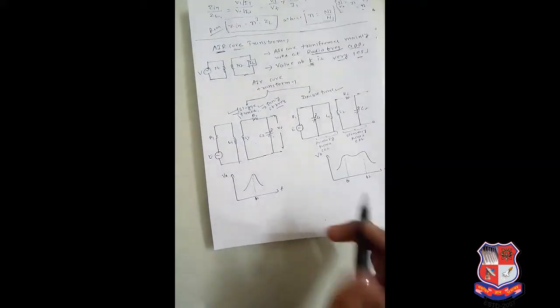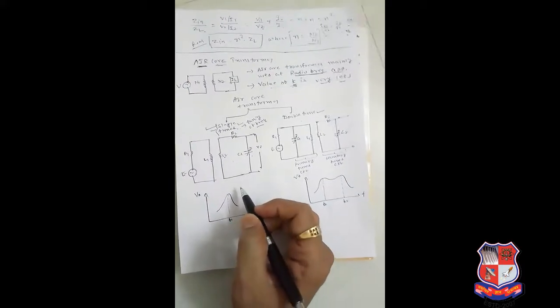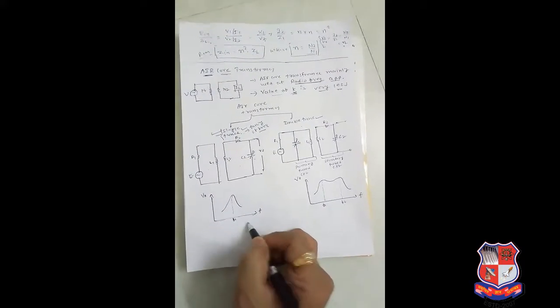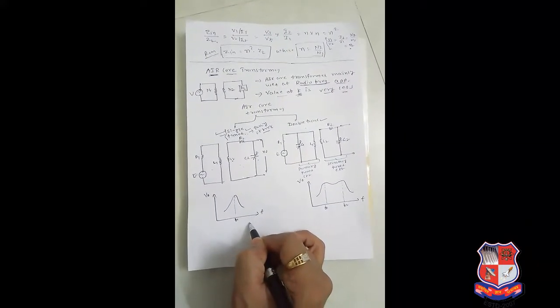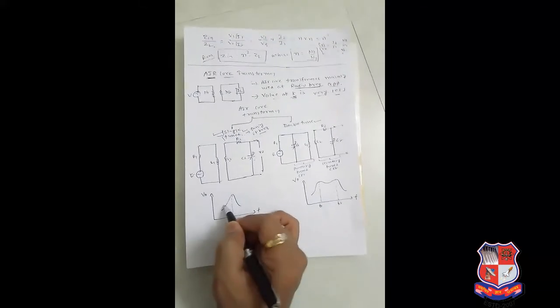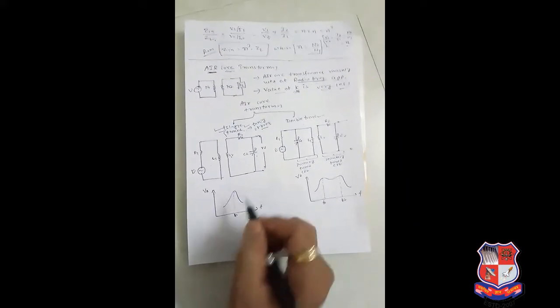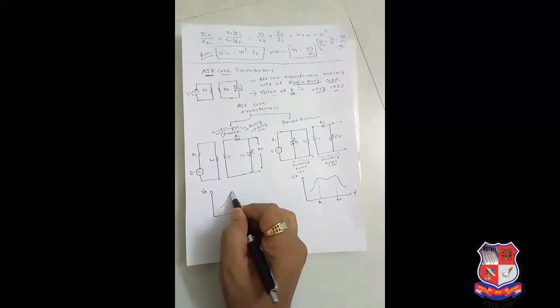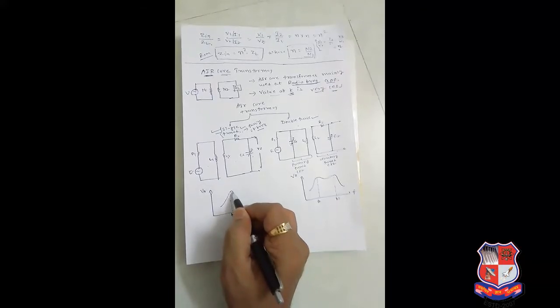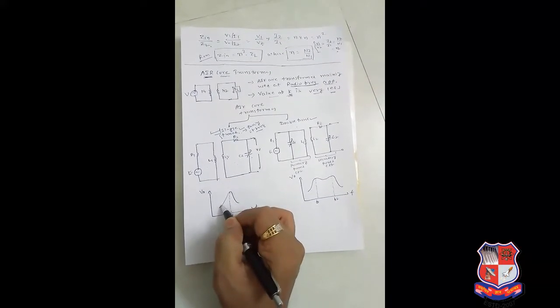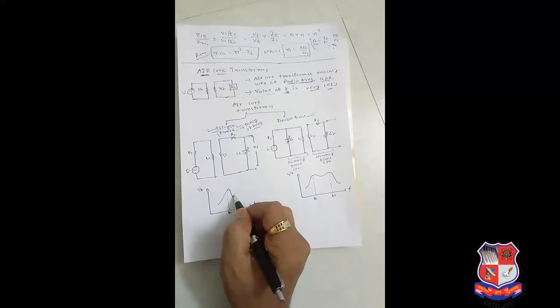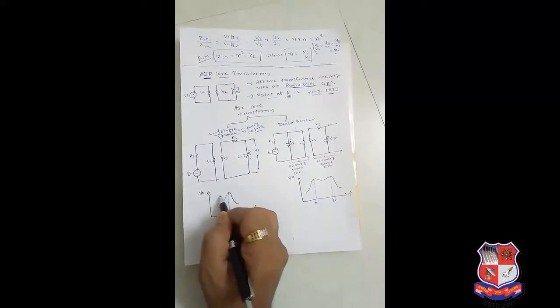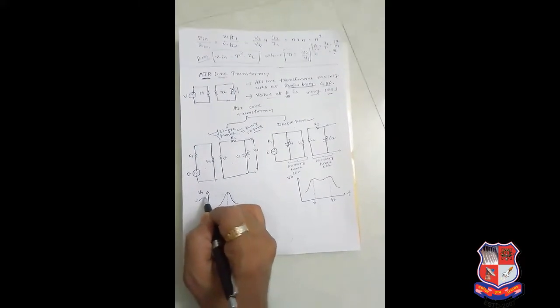You have already studied parallel resonance and series resonance in past lectures. Here is the graph of the output voltage of the single tune air core transformer. At one particular frequency we get the maximum voltage, V maximum, and at all the rest of the frequencies we get lesser voltage.